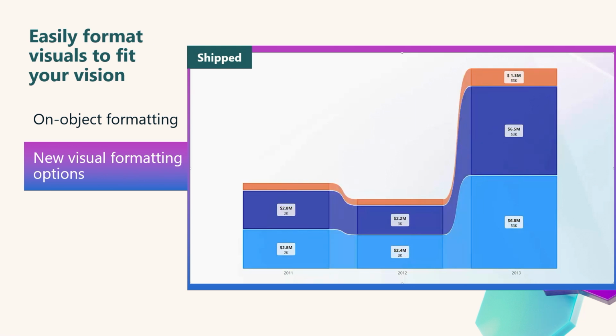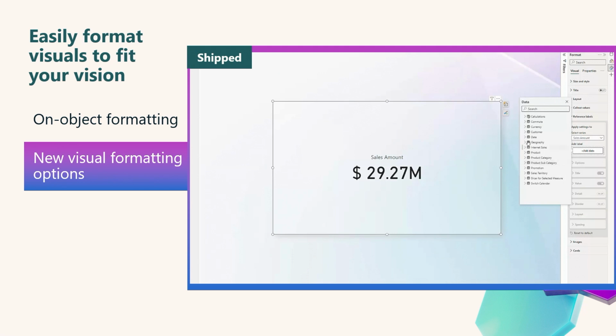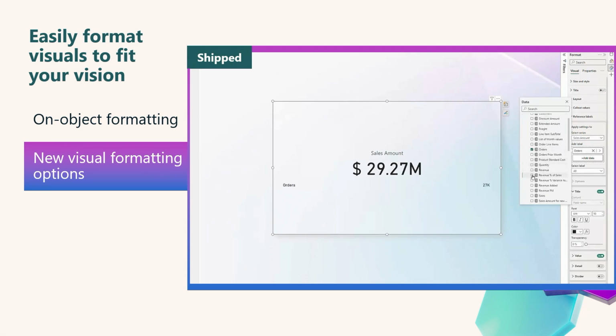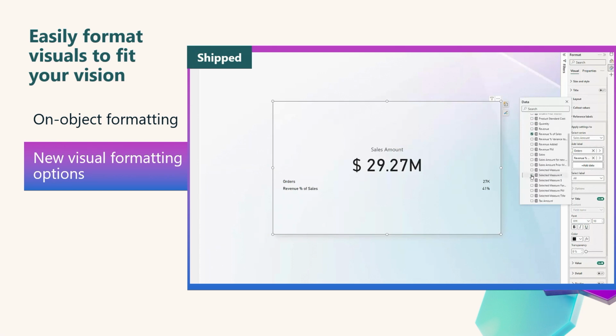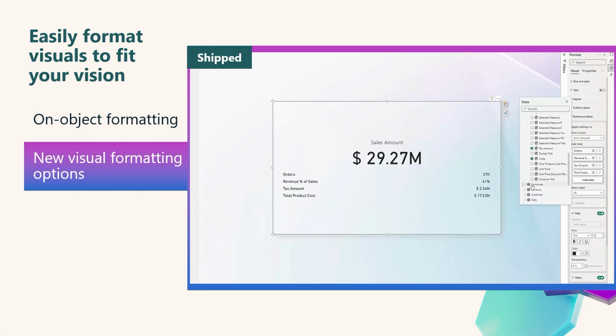We've introduced reference labels for your data labels so that now, in addition to showing you the data that you put into the field, you can also add additional contextual information on top of that. And we've introduced a bunch of color and transparency options for your column sections just to make sure that they're stylish and good. But that's, again, not even it, because we've also introduced new card formatting options.